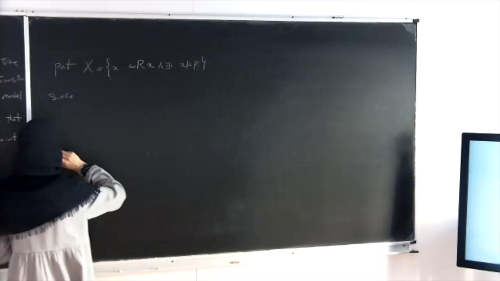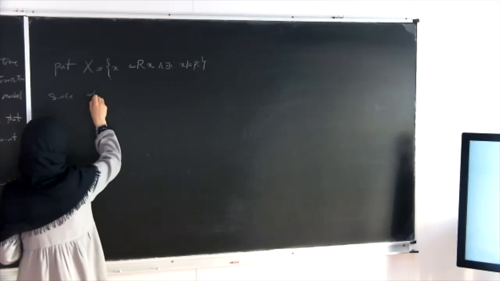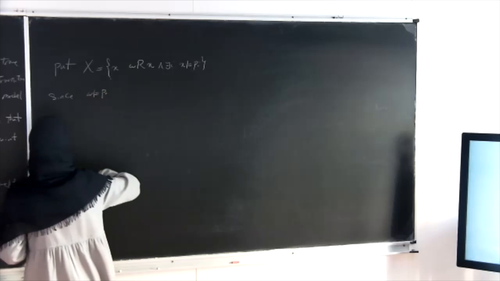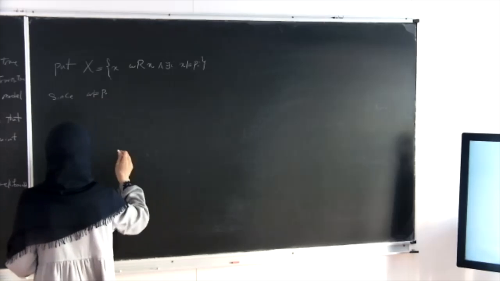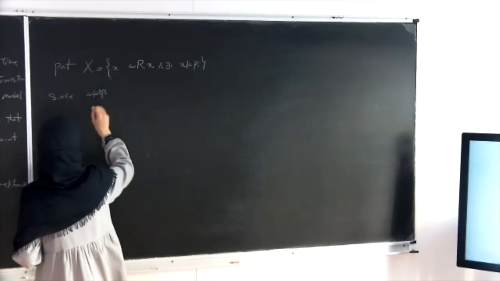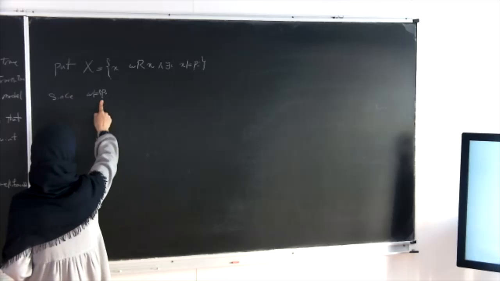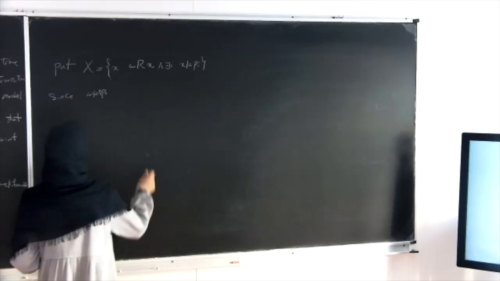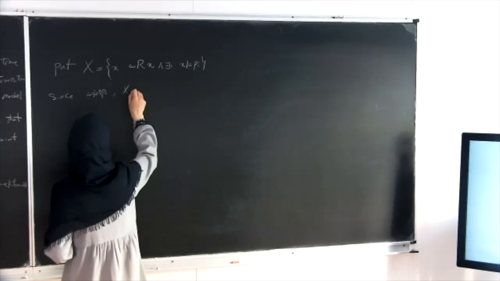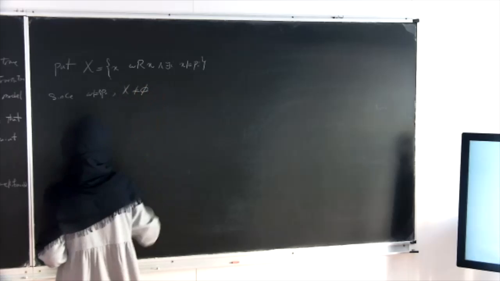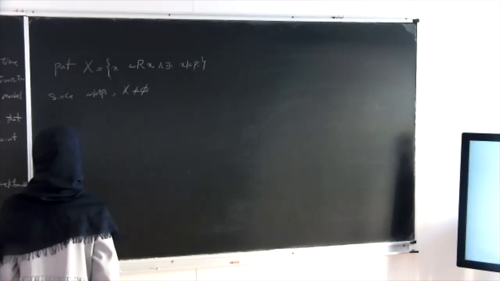Since P0 is true in W, diamond of P0 is true in W, which means that W has at least one successor where P0 is true, we can conclude that X is non-empty.